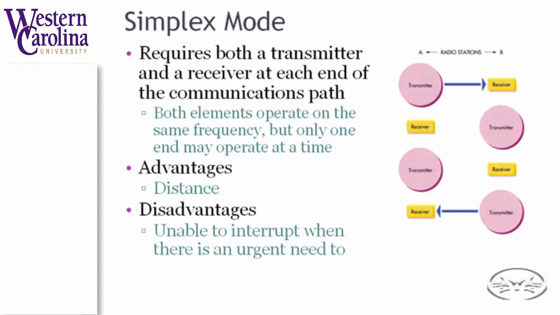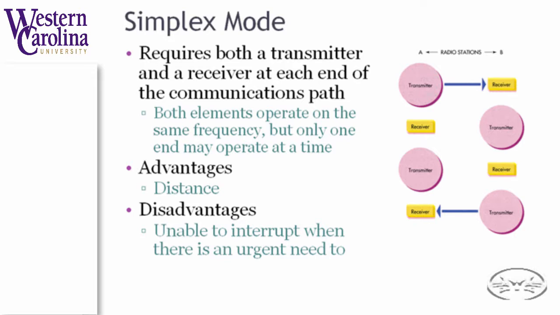If we think about the technical aspects, again, I know this is review for you, but in a simplex system, you have a transmitter that transmits to a receiver in one direction. So A can talk to B, or B can talk to A, but they can't talk at the same time.